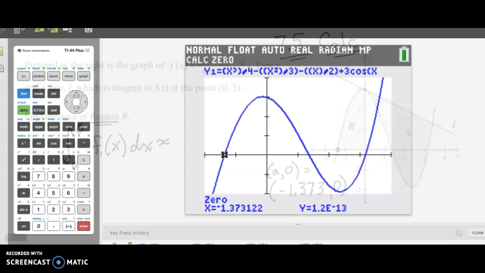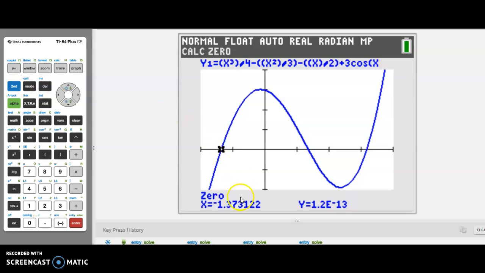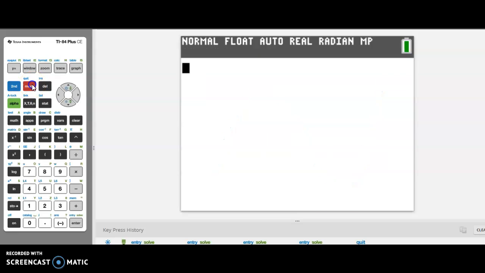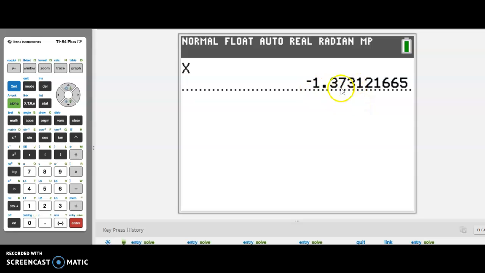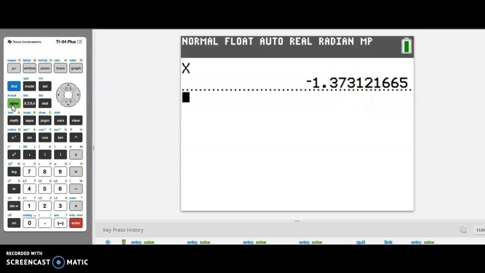Now I can go back to my home screen. If I want to grab this value again from my home screen, because it's the last thing I did, if I hit X, enter, it copies down that value. That only happens if you actually find the root, though. So I hit math, the integral of x, I hope this works for me, to 0, alpha trace the equation we had in terms of x.